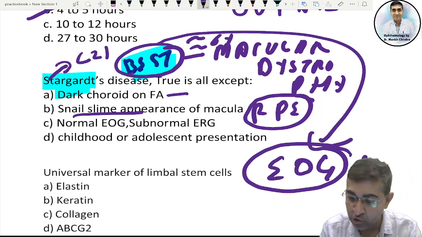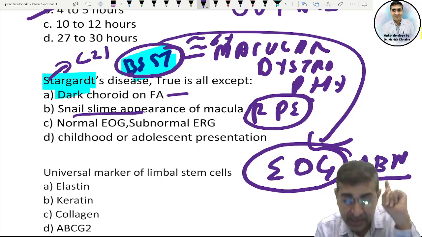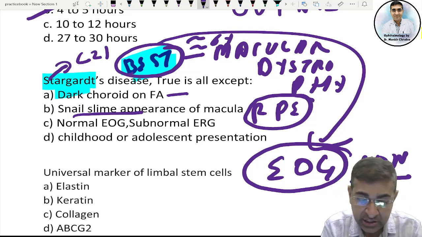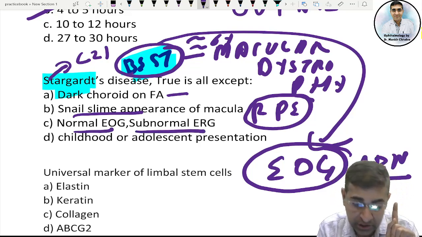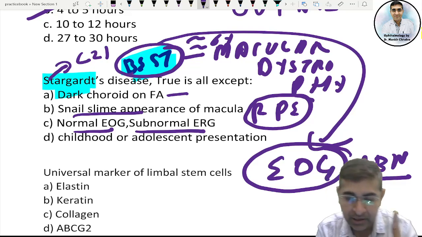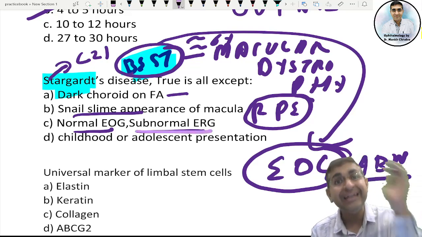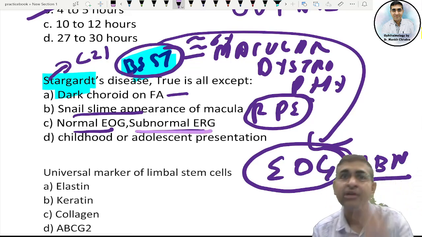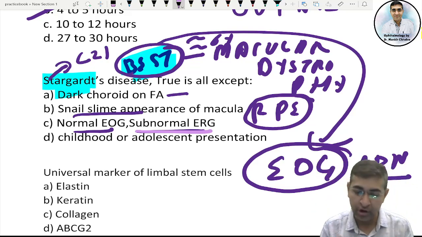So EOG is abnormal, right? And in Stargardt disease, it is written normal EOG and subnormal ERG. EOG is normal in the beginning, even ERG is also normal in the beginning, and later both will be abnormal.